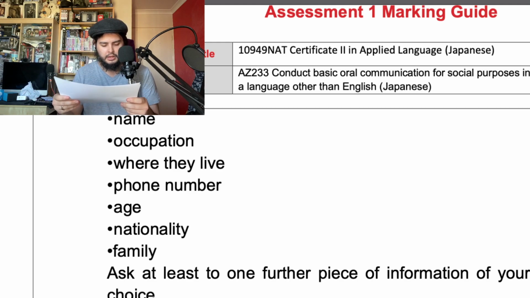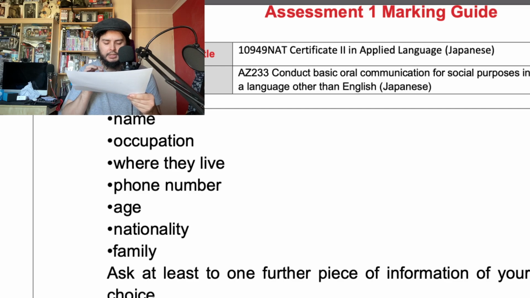And I was close. So I don't need the "anata no," but "kazoku wa" was correct. Get rid of the "dore kurai" and instead say "nanin desu ka?"